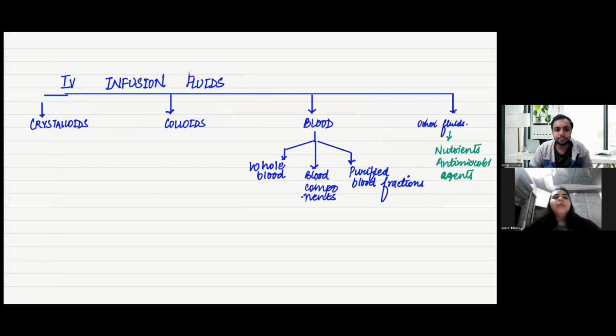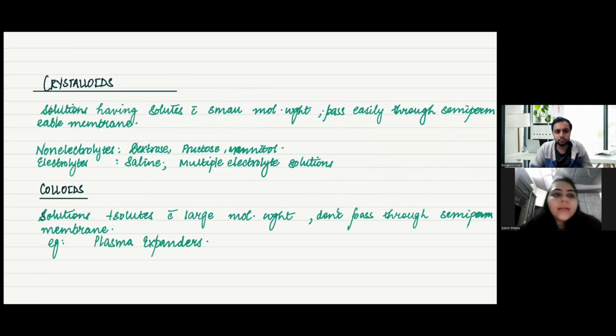IV infusion fluids are classified into four types. We have crystalloids, colloids, blood, which includes whole blood components and purified blood fractions, and then other fluids, which include nutrients and antimicrobial agents. First we'll understand what crystalloids and colloids are.